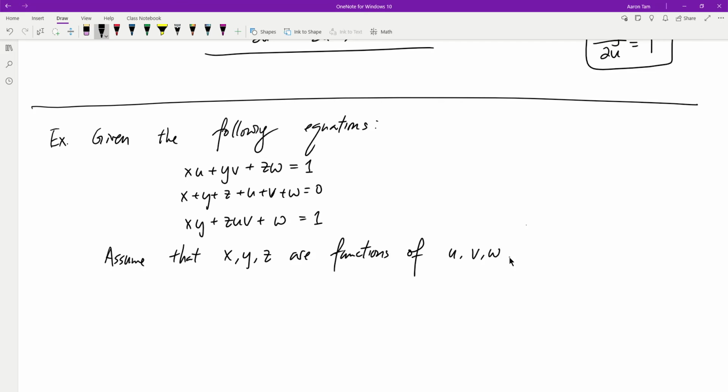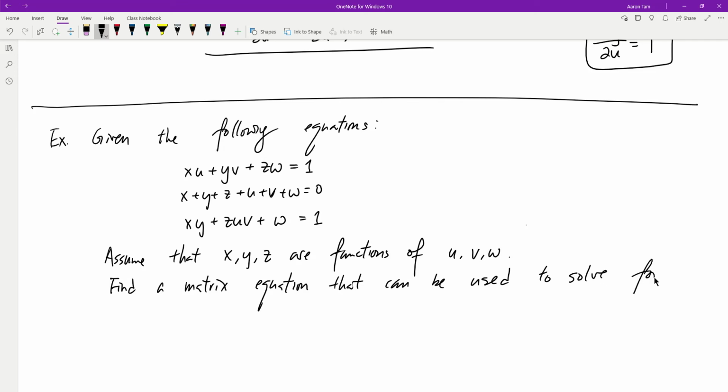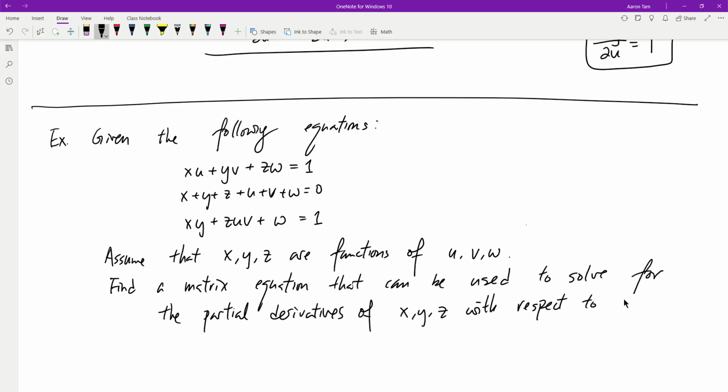Here's what the question asks you to do. Find a matrix equation that can be used to solve for the partial derivative of x, y, z with respect to, let's say, w.